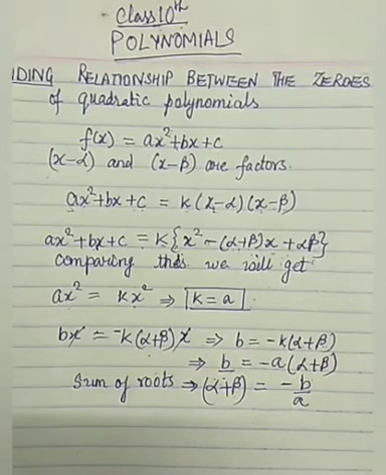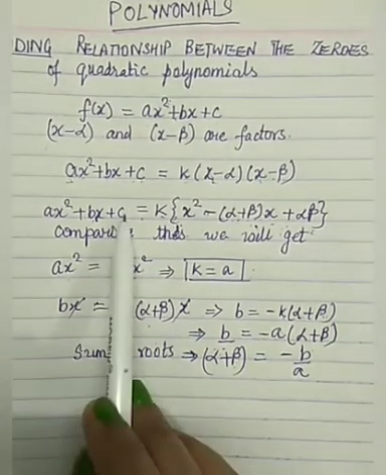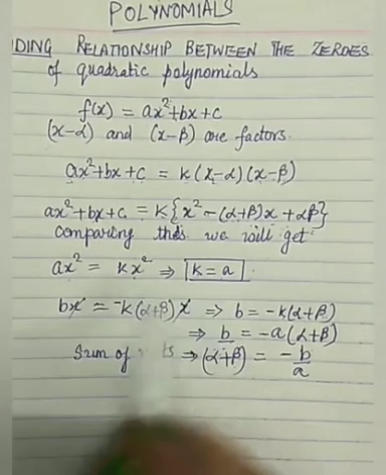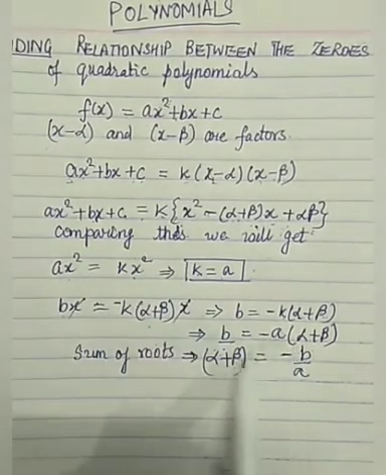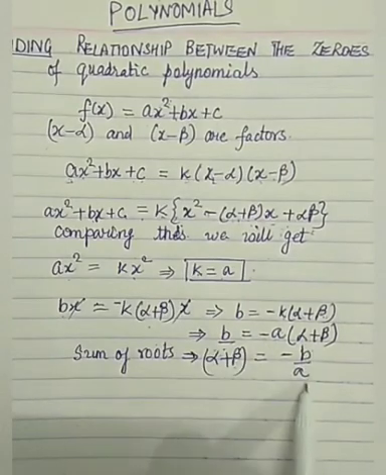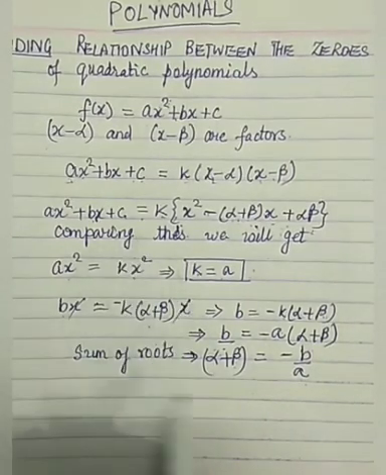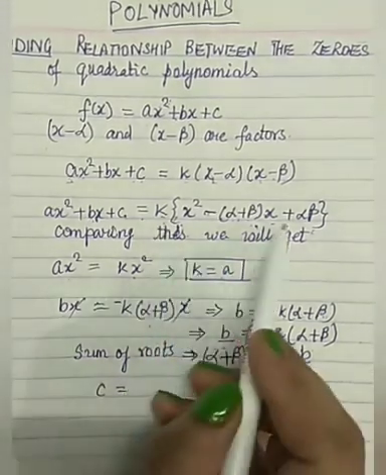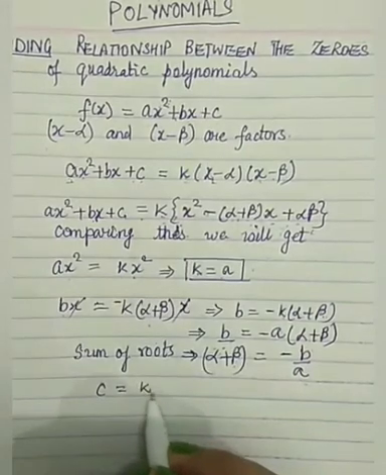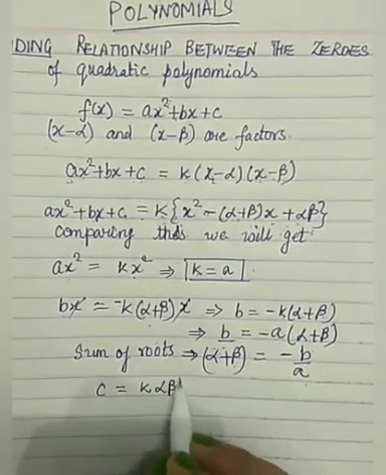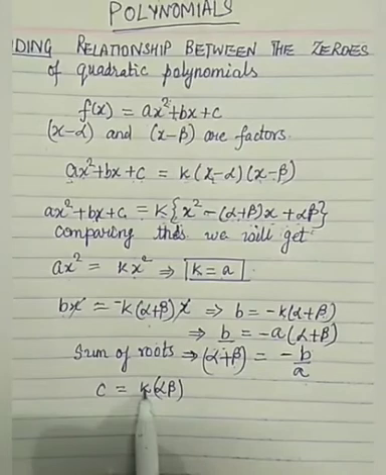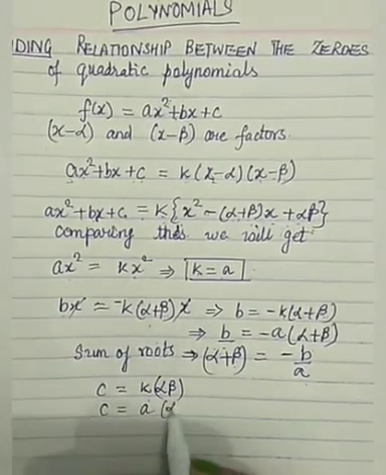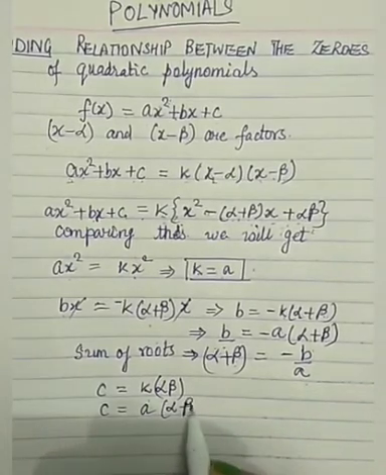Now come to the product, the last term c. The first term is done, we got k equals a. The second is done, we got alpha plus beta as minus b by a. And for the last term, compare c equals k times alpha beta. K is a, so c is equal to a times alpha into beta.